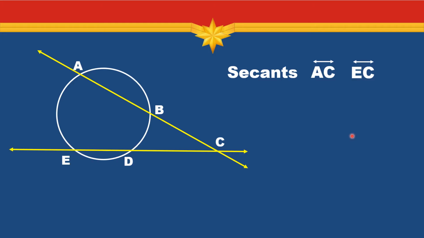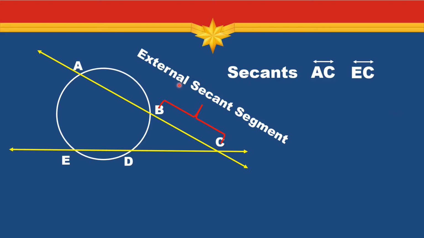It's just the same. But in here, if we are referring to the secant line AC, this part is outside the circle. Remember, segment AB is inside. And the part that is outside, which is segment BC, is what we call the external secant segment.